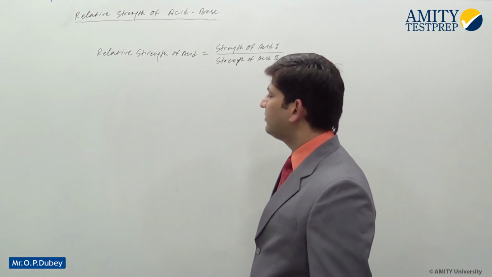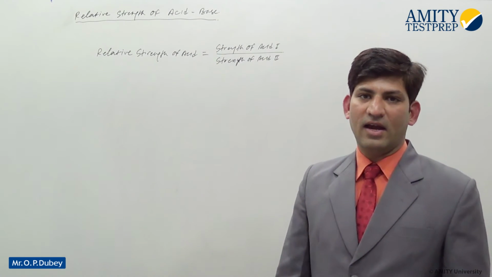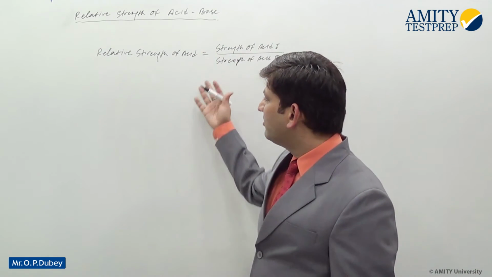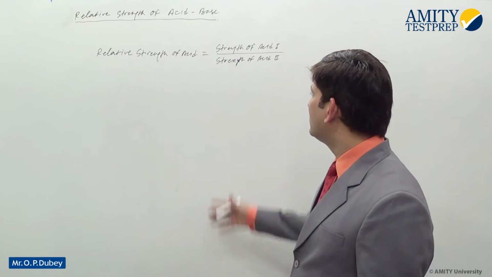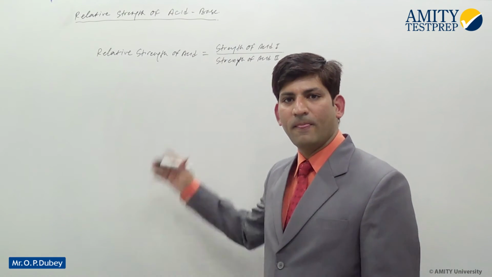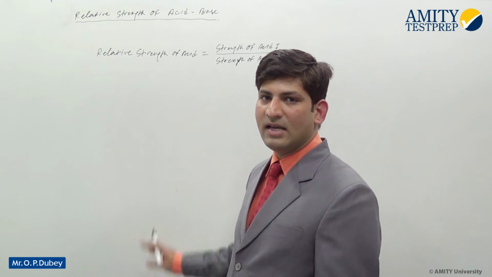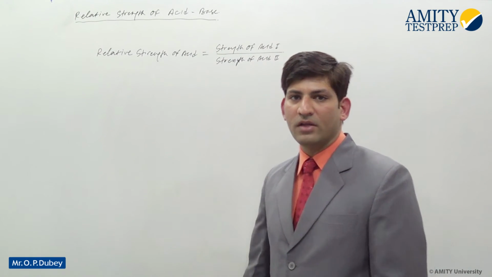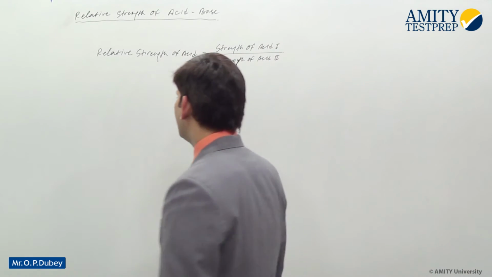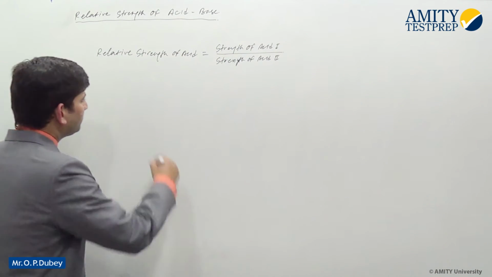Simply, it is the ratio of the strength of acid 1 and acid 2. And similarly, the relative strength of base is the ratio of the strength of base 1 and the strength of base 2. The strength of the acid is known by the H+ ion furnished by the acid.